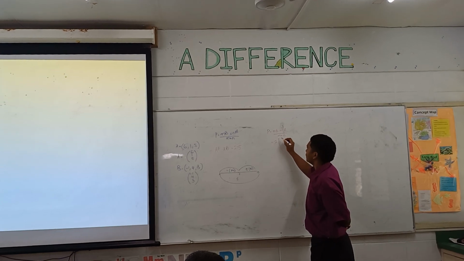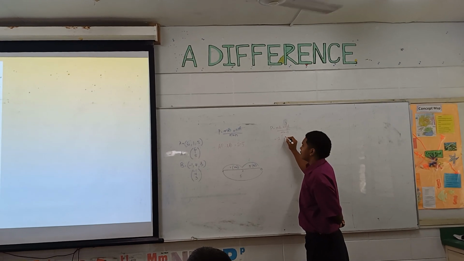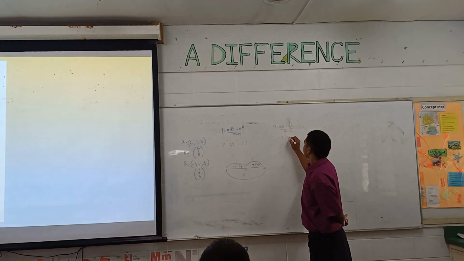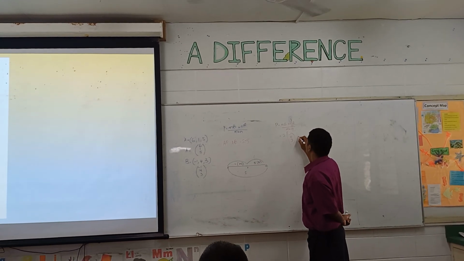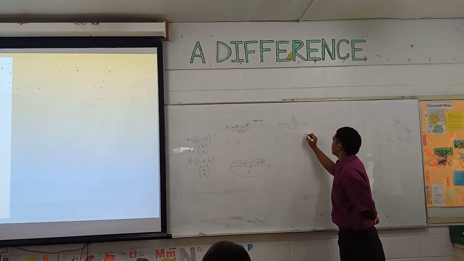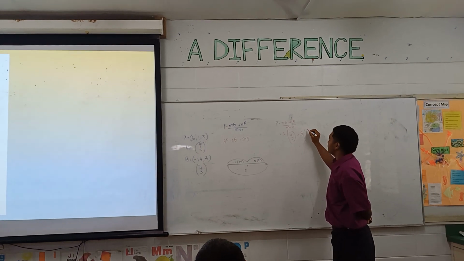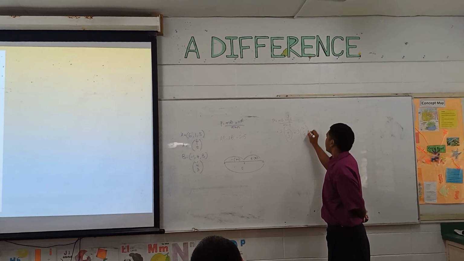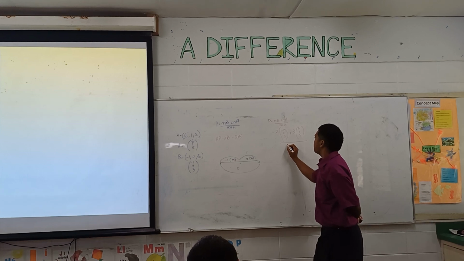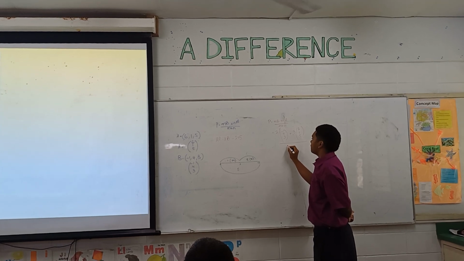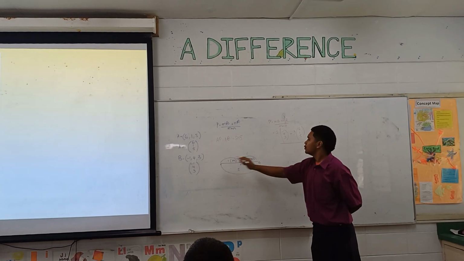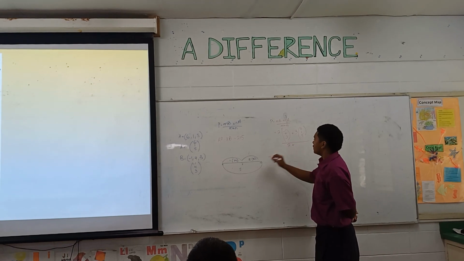What is B? (-1, 4, 3). What is my N? 3. What is my A? (6, 1, 5).